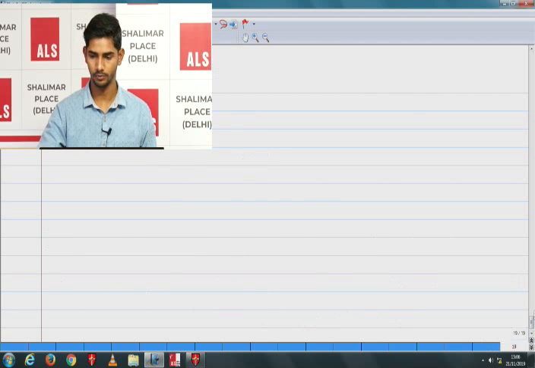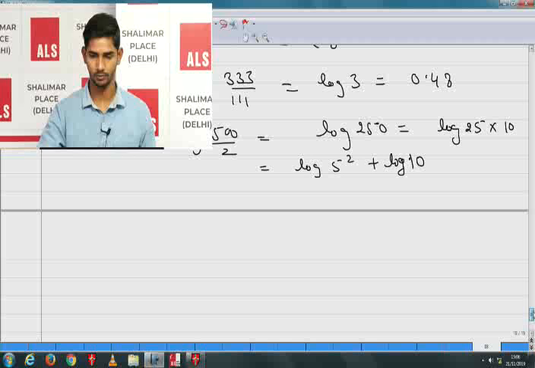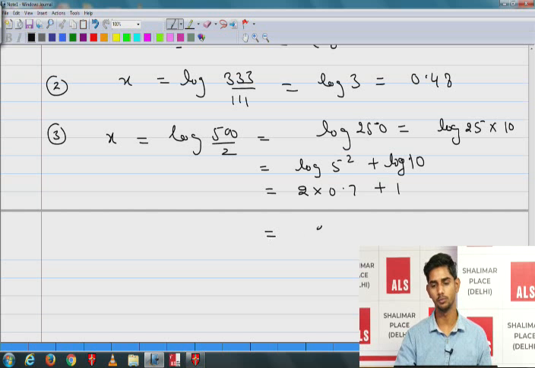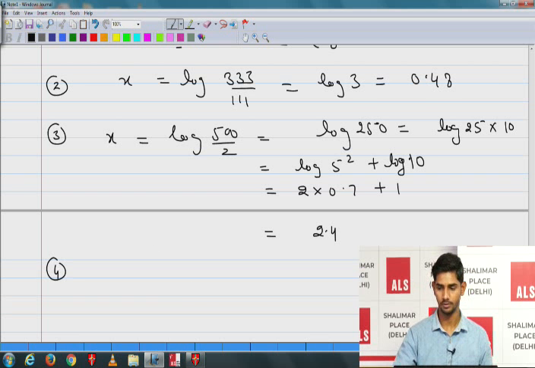So log 5 to the power 2 is 2 into 0.7 plus 1, which is equal to 2.4. Very good.